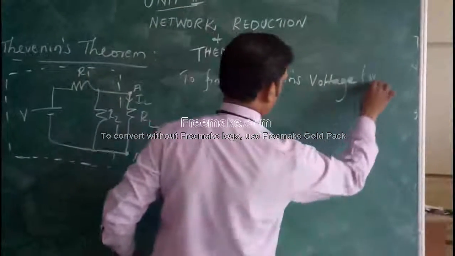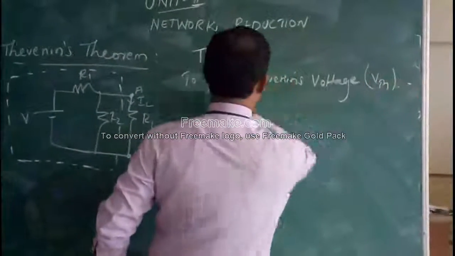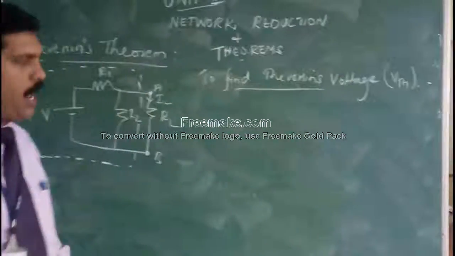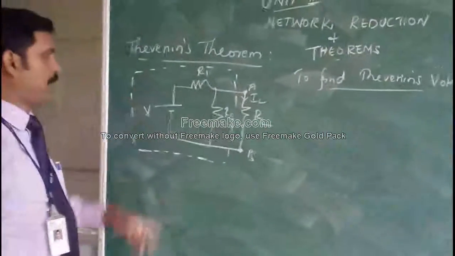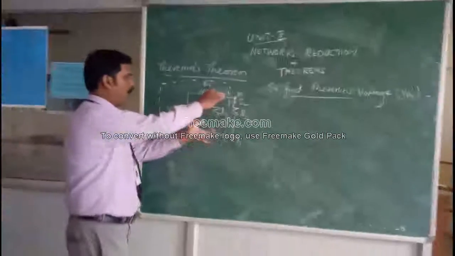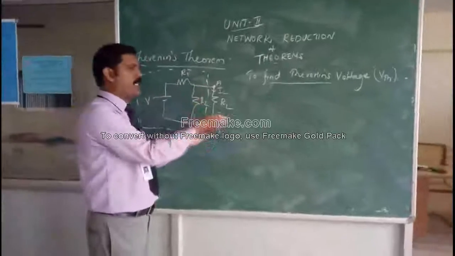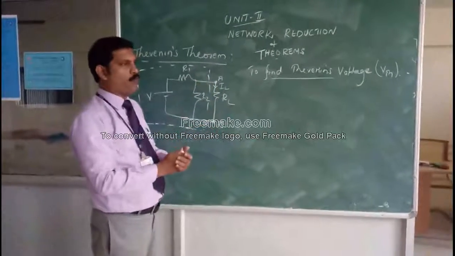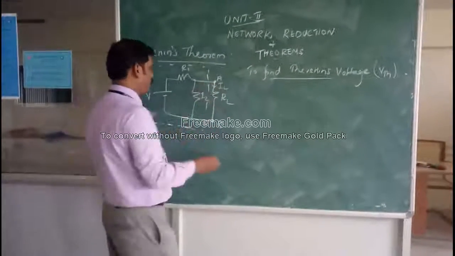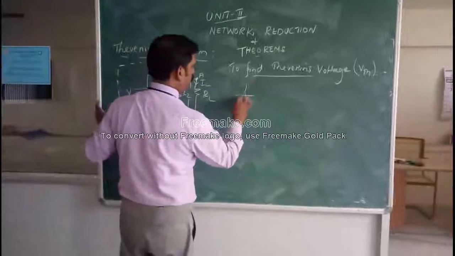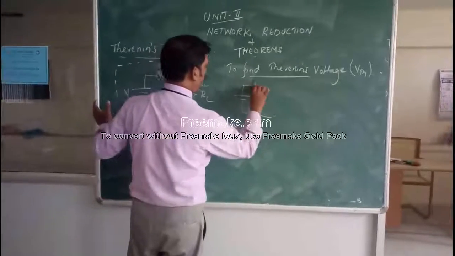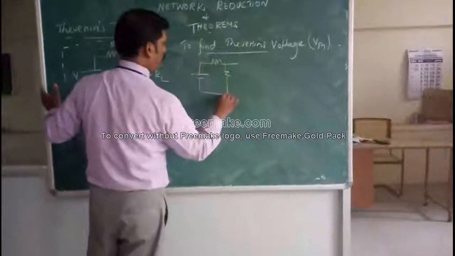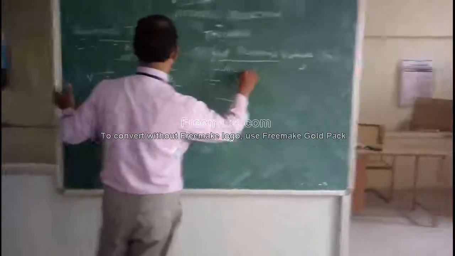So VThevenin, VTH. To find VTH, I have to redraw the circuit, removing the load resistance, and keep that open. To find VOC, my first step is to remove the load through which the current is required.